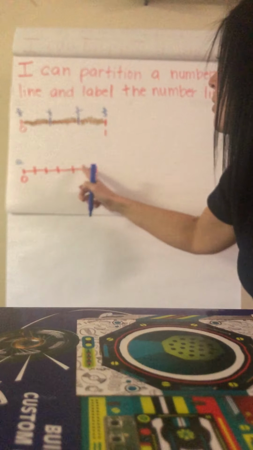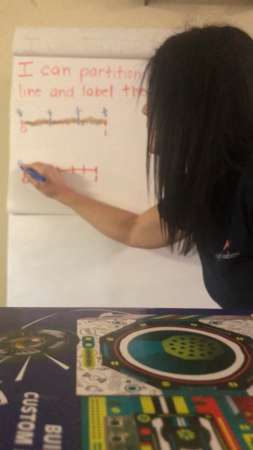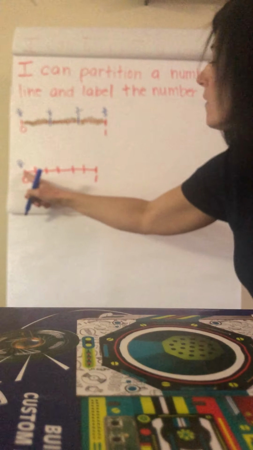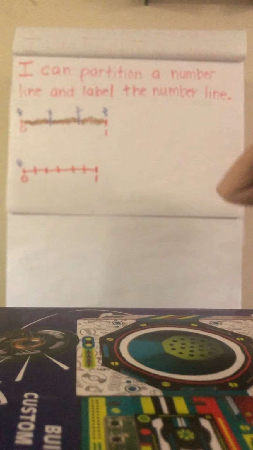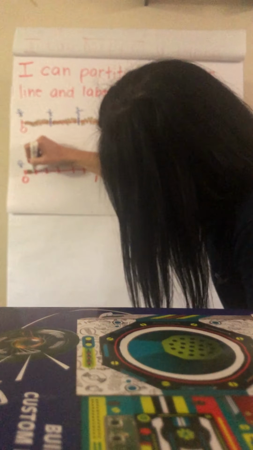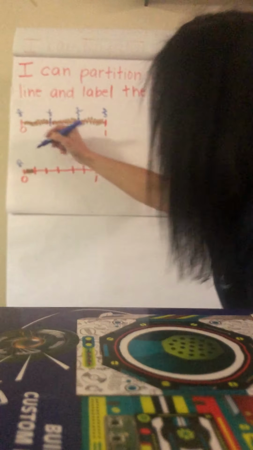Okay, because we broke our number line into 6 pieces, so I know that I'm dealing with 6. And when I'm right here, I have no 6, 0/6. If I move over to my next hash mark, I have 1/6.